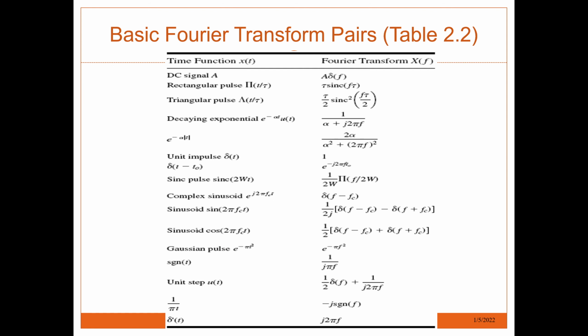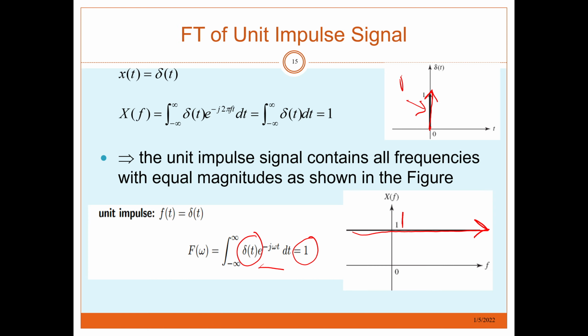Alright, so actually these transformation pairs are formulated in a table. This table will be given in the exam, so you don't need to remember it. For example, just now the delta function can go vice versa.